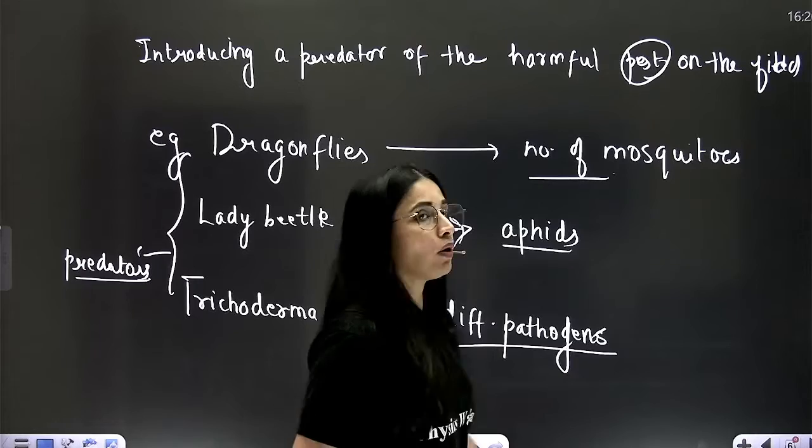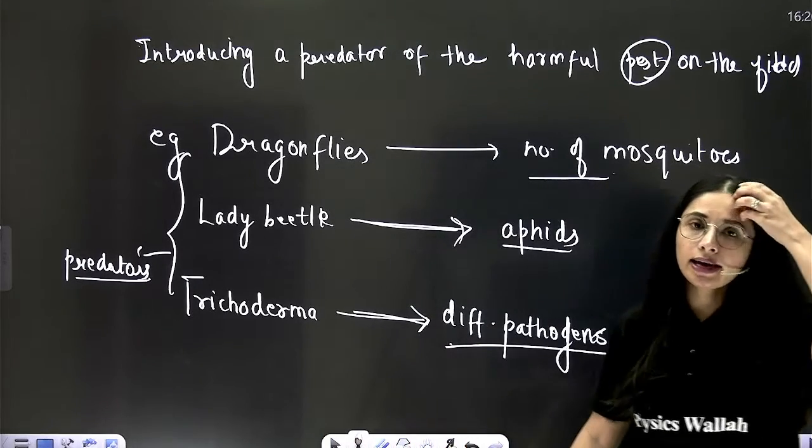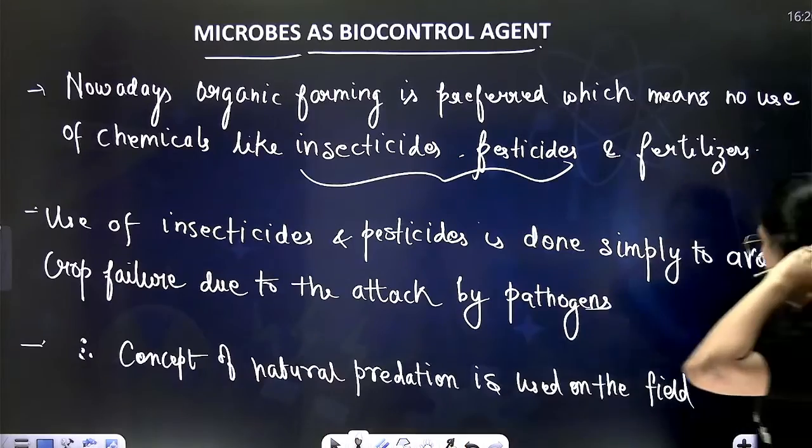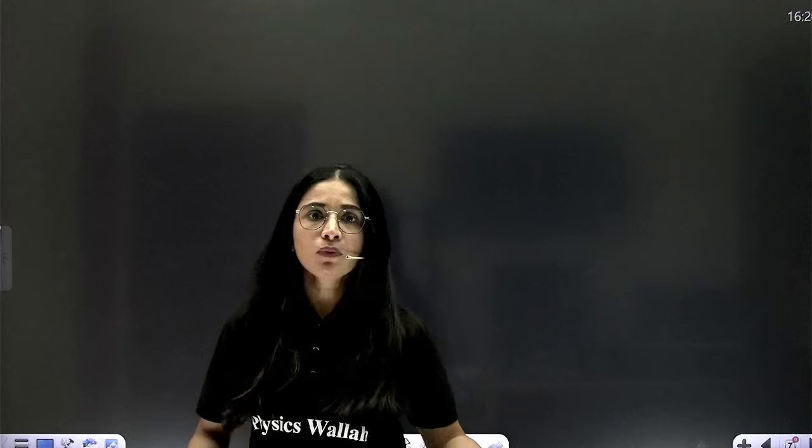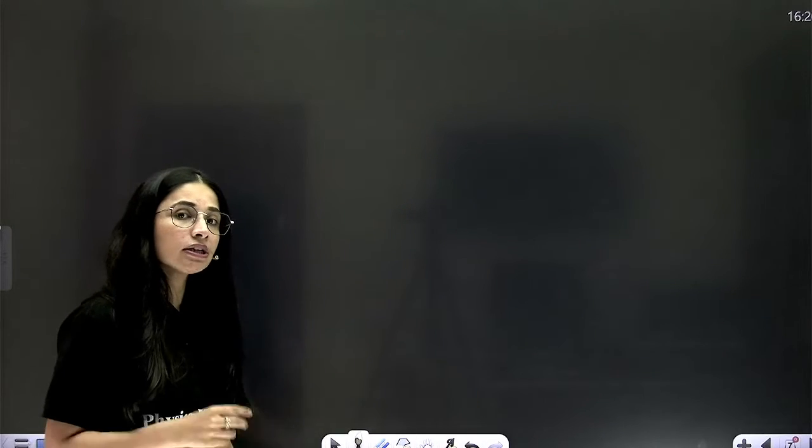Beta, one more example is given in your NCERT, which is of BT cotton. BT, Bacillus thuringiensis. You also study this in your biotech. Even more than this, Bacillus thuringiensis, this kind of bacteria is used to control the population of pests.